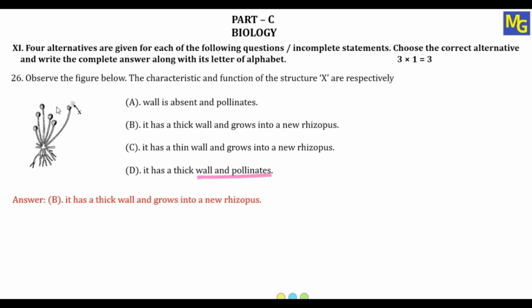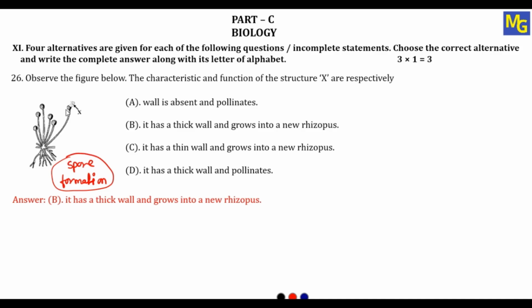First we have to see this diagram and try to recall what this is. As I told, it is a diagram of rhizopus, and this is an example of spore formation. It is a type of asexual reproduction. In asexual reproduction, spore formation is one of the methods, and for that we are using this example, rhizopus.